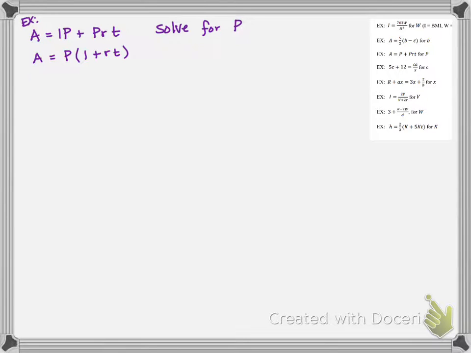So A divided by whatever P is being multiplied by. So these cancel. And we get A over 1 plus RT equals P.